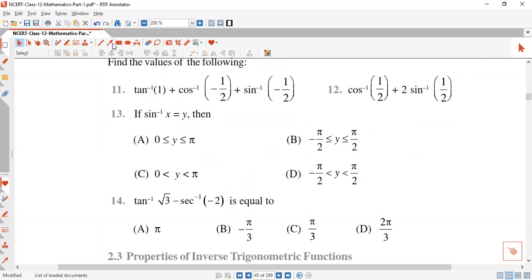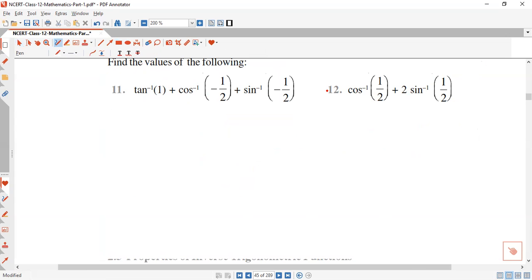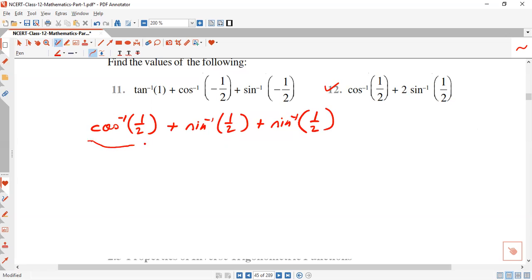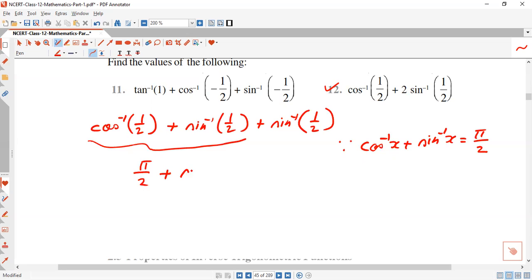Now, see question number 12. Again, similar things. You see this question number 12 can be written: 2 times sine inverse half can be written as cos inverse half plus sine inverse half plus sine inverse half. And see this one, the first two terms, we can apply the formula, since you know cos inverse x plus sine inverse x equals pi by 2. So this becomes pi by 2 plus sine inverse half.